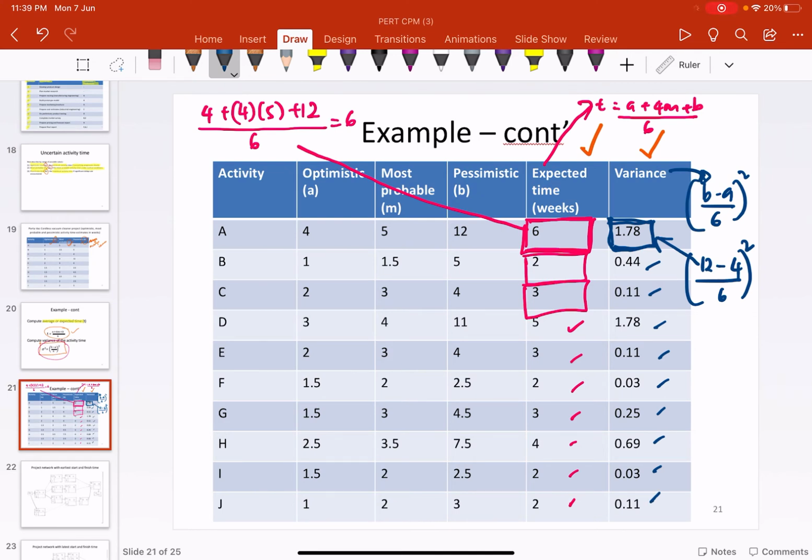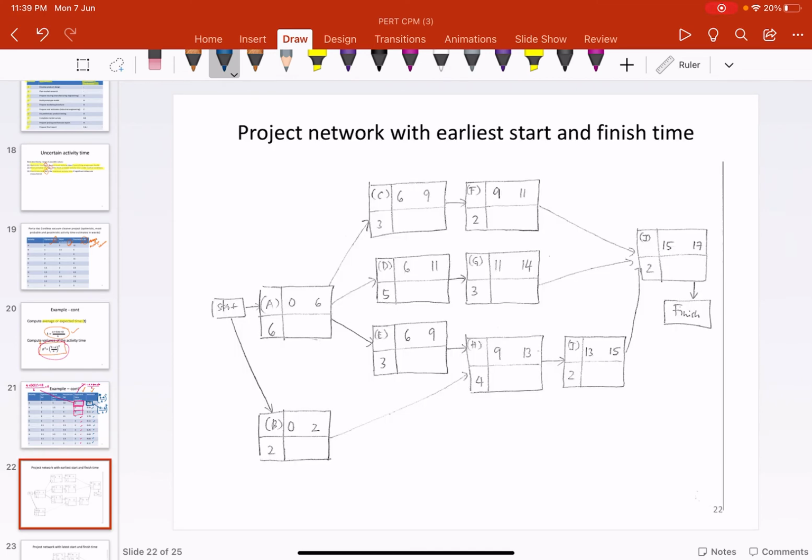Now, once you have done that, then only you can come up with the diagram for the project network, just like what we did before, with earliest start time and finish time. If you can still remember, you need to do this following the previous videos, which show how to compute the earliest start time and the finish time.